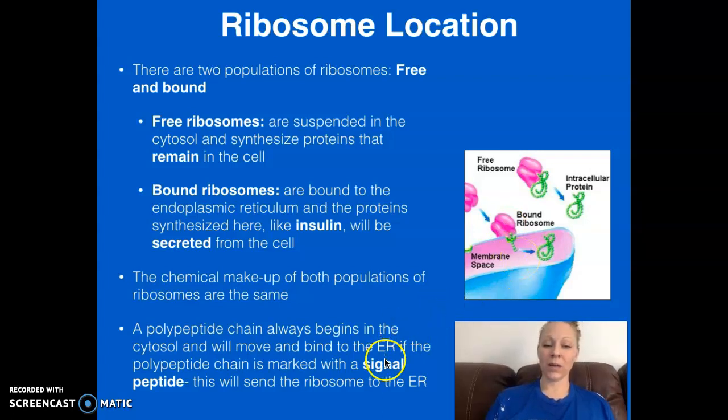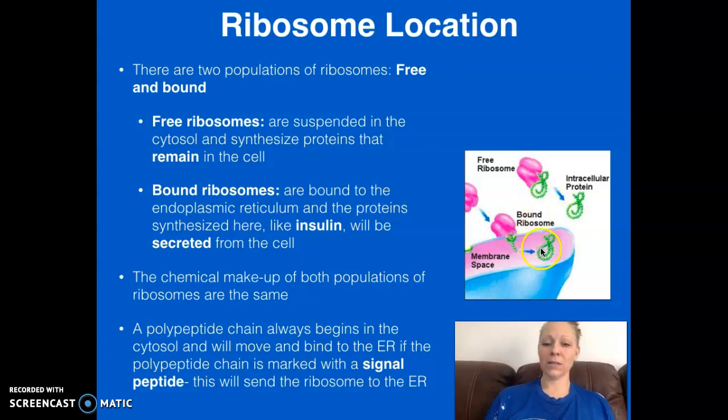This signal peptide is only found on proteins that are going to be released out of the cell. So this should make a little bit of sense. If a protein is going to be released into the cytosol, then the protein is going to stay in the cell and do jobs within the cell.